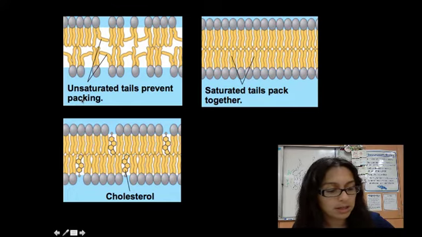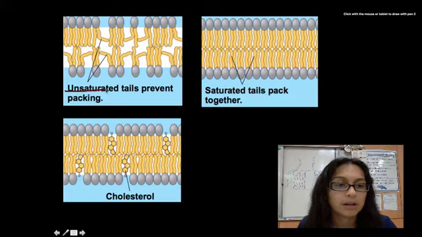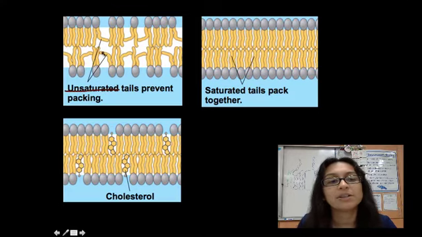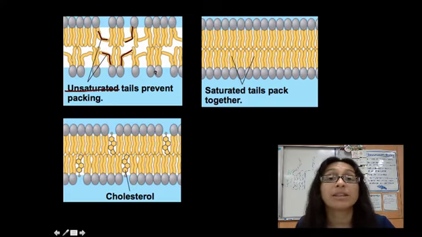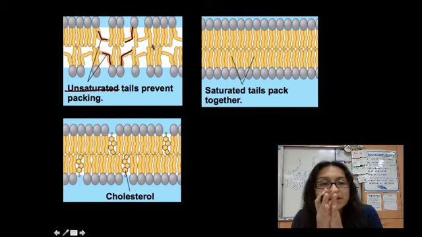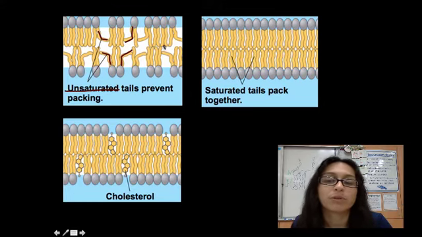So one thing is unsaturated. Unsaturated fatty acid tails tend to have these kinks that spread things out more, and this causes a cell membrane that has a lot of unsaturated fatty acid tails to have more fluidity. So it spreads things out more, it's not very tightly compact, and because of that it tends to be more fluid.